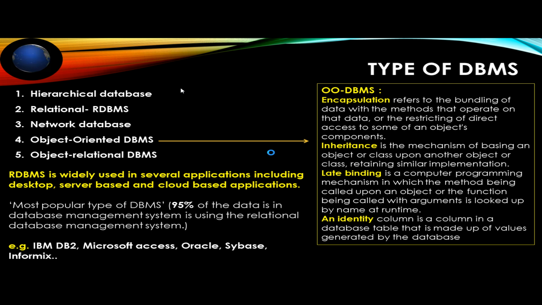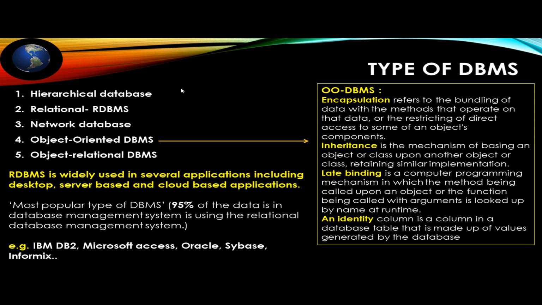Like in one family, one parent has two or three kids, so inheritance means similarity. Both are similar. You understood? So with inheritance, the base will be the same.